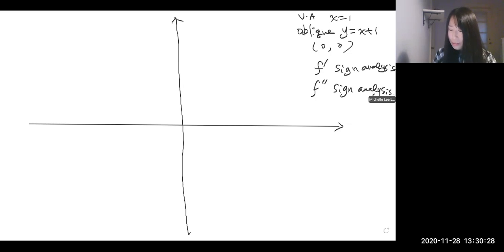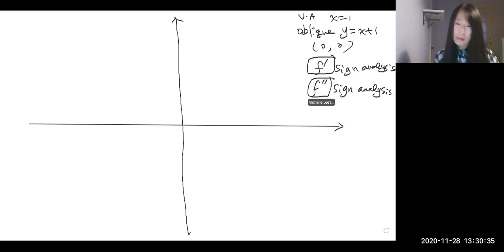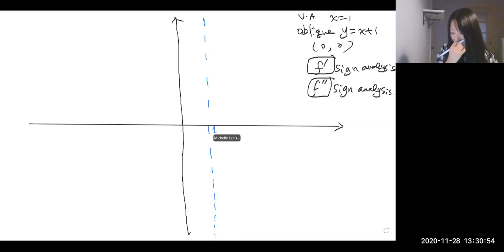First prime gives us a local max, a local minimum. Second prime gives us concave up, concave down, right? The vertical asymptote when x equal to 1, and the oblique asymptote y equal to x plus 1. So the y-intercept, which is 0, 1.